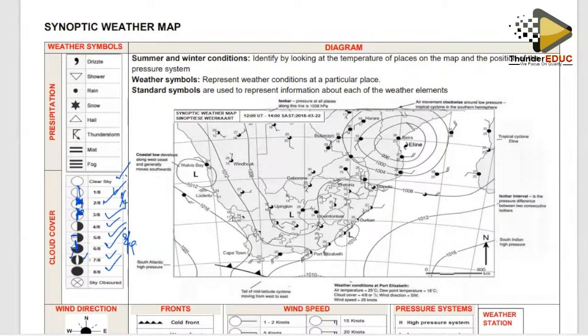Then we move on to sky obscured, where we put a cross within the circle. That means the sky is obscured. When we're talking of a sky being obscured, we are saying there are more clouds than the sky could contain. Basically, it's 9/8 in some other instances.